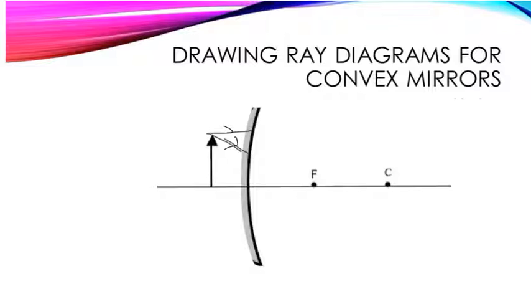Okay, our first ray is going to bounce off the mirror in a way that would have lined up your point of incidence with the focal point.